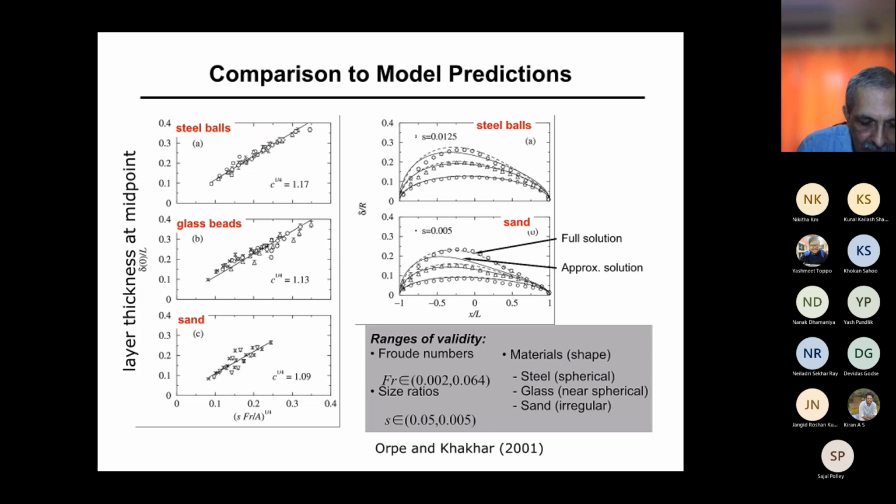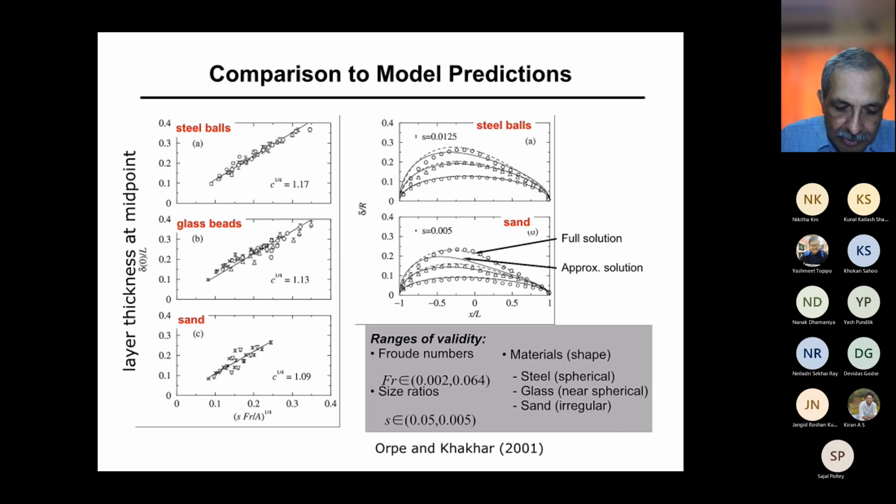And you can see this versus this gives you a straight line. Again, that is in agreement with theory for different materials. And from each you can get the value of this parameter C, which is related to the collisional resistance to the flow. And you can see that for the different materials, you get slightly different values.